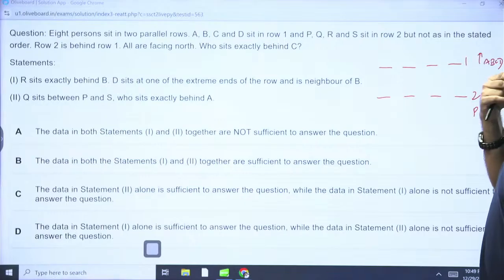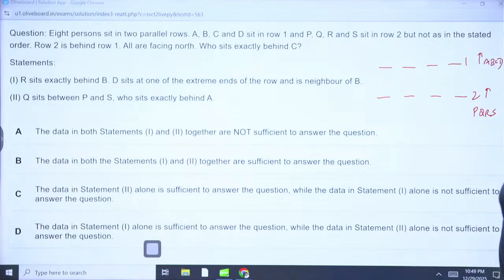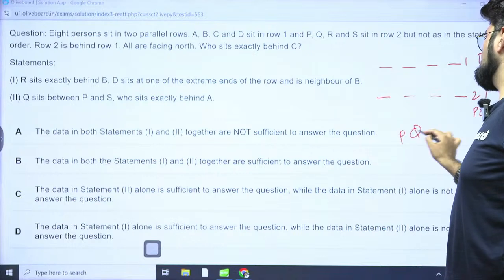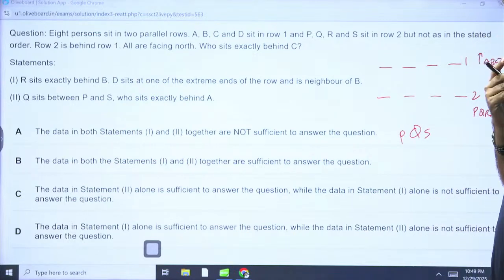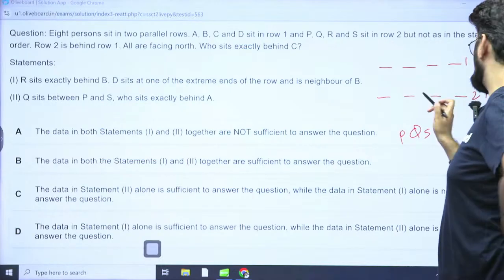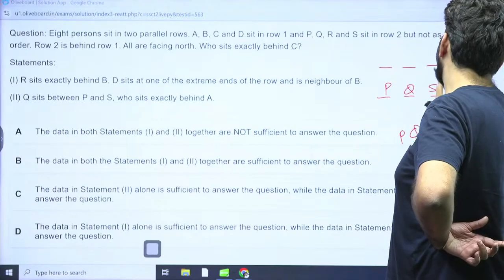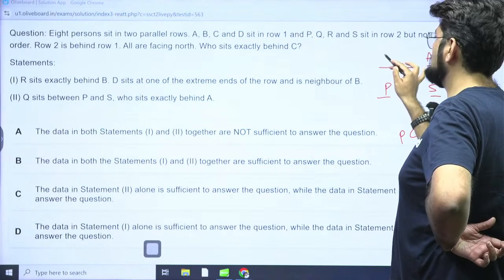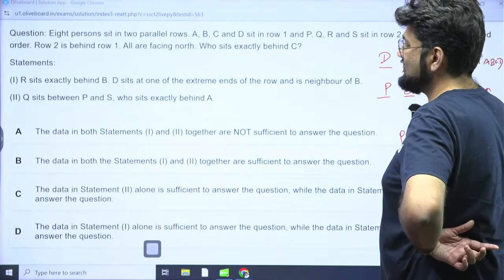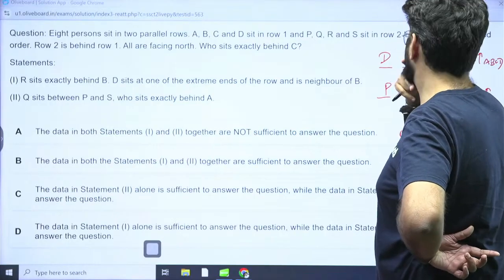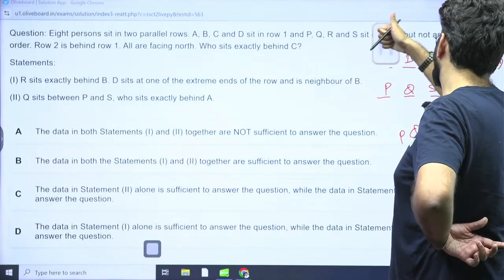D sits at one of the extreme ends of the row and is a neighbor of B, okay. Q is between P and S. S sits exactly behind A. So if I make Q sit here, let's say, S is behind A. So this is D, this is B, but B is in front of R, no? So this is not the correct arrangement.